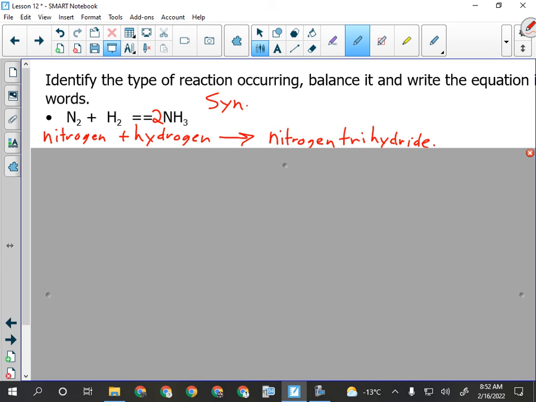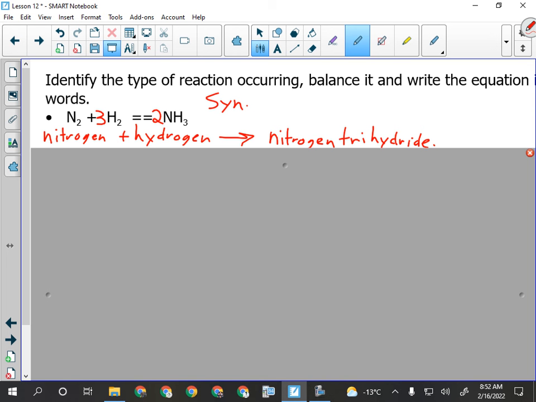What do I need to put in front of this to make 6? 3. And when I put this 2 here, this 2 also applies to the nitrogen. So now there's 2 nitrogens over here. How many are there over here? 2. Always a good sign. Always a sign that you've done it right, if when you get to the last thing, it's already balanced because of something you already did. In this case, that 2 made this work.